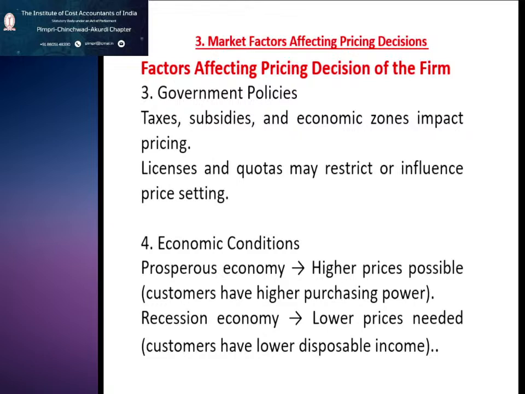Economic conditions, of course: a prosperous economy allows higher prices because customers have higher purchasing power, and in a recession prices are lowered because customers have very low disposable income.